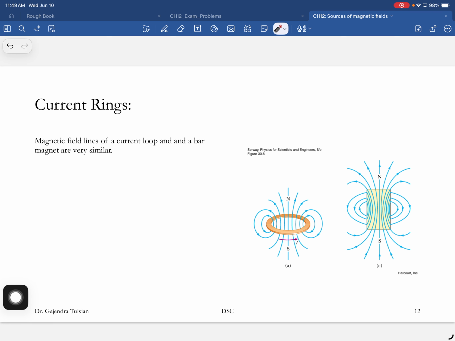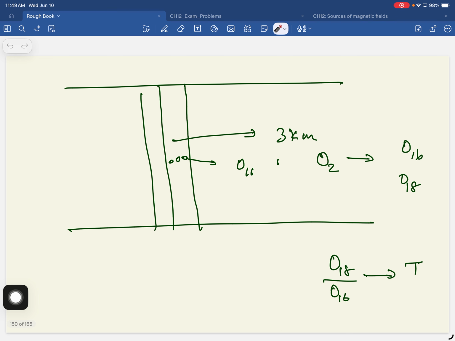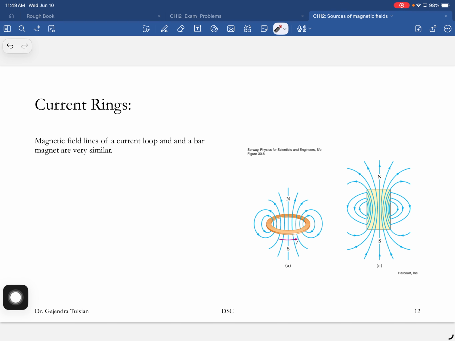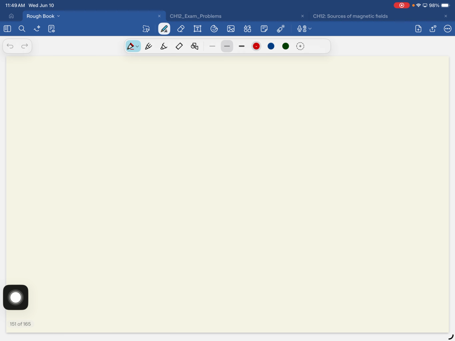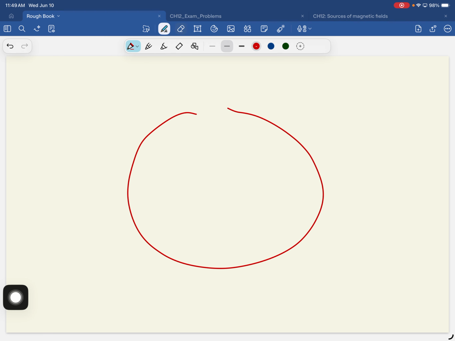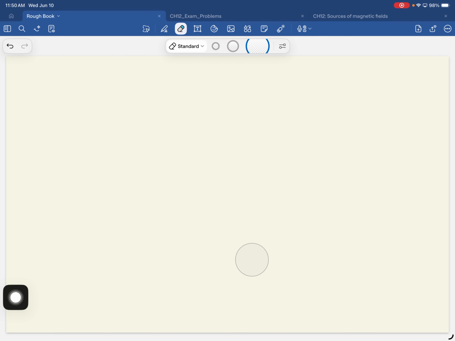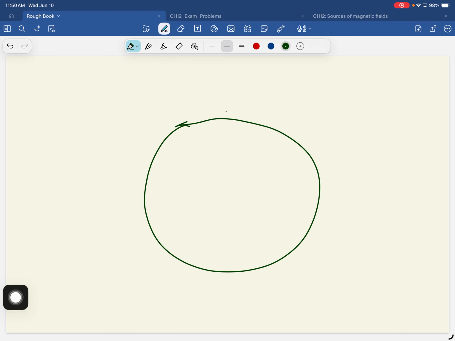Speaking of flipping directions, so here's the field due to a current carrying conductor. Here's the Earth's north and south pole.